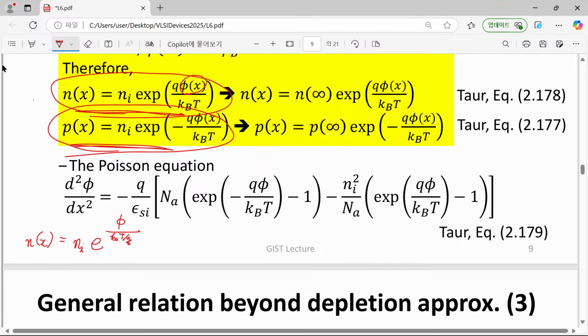However, we don't want to use this phi exactly, because the reference of phi is preferred to be phi at infinity. We wanted to have this number.